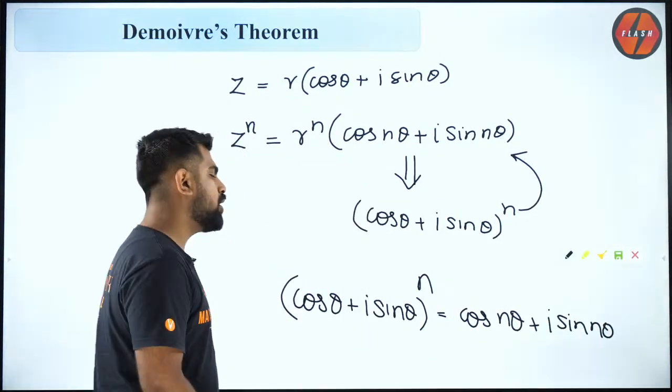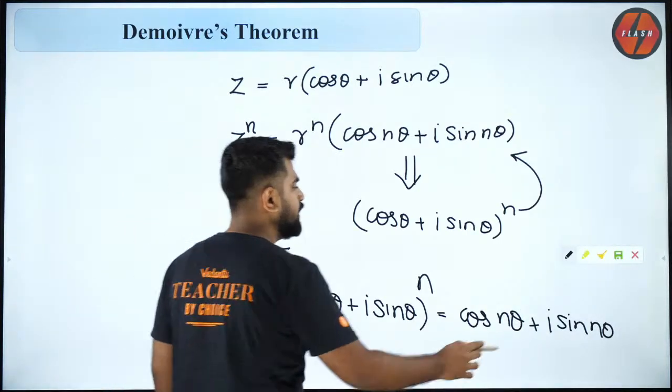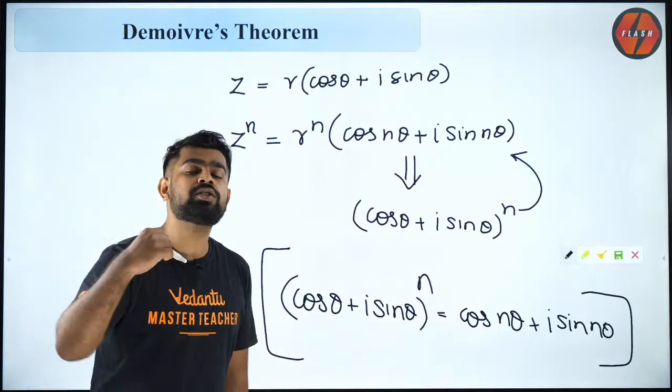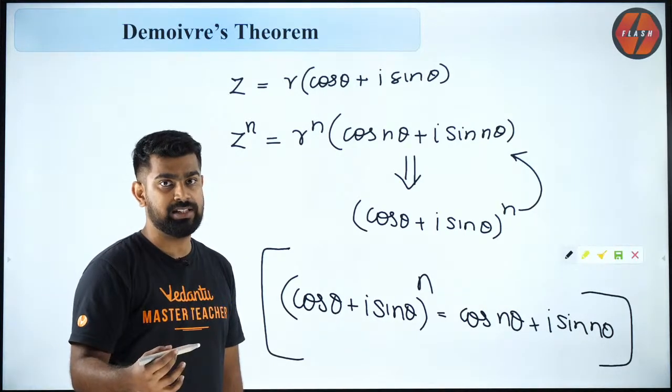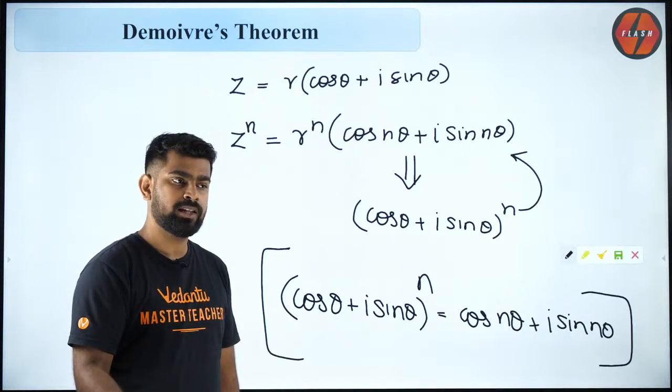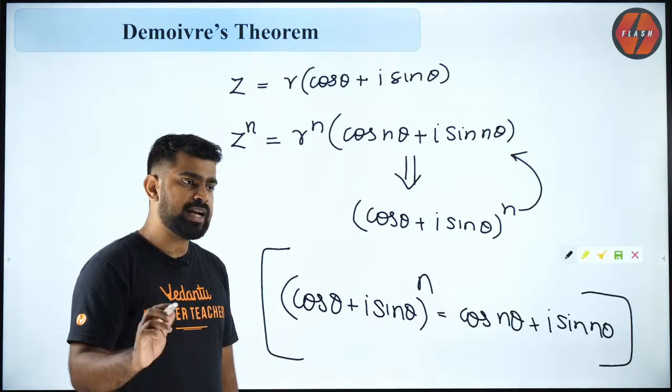That is your De Moivre statement. I hope you are all clear with it. Please make a note of it. It is super helpful in solving questions. I will prove it to you.